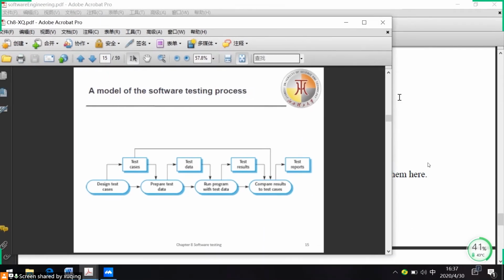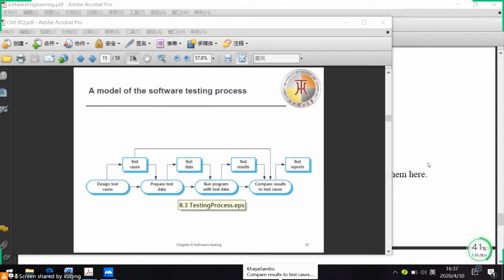We have these 4 activities as said by Kaya: design test cases, prepare test data, run program with the test data, and compare results to test cases. You see here, we have this graphic presentation of software testing process.